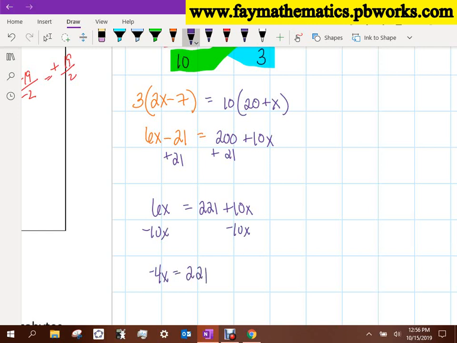So now, what am I going to do now? Well, let's think about this. If I take 4 and start multiplying it by 0, 1, 2, 3, 4, 5, 6, 7, 8, 9, 10, can I multiply 4 by anything and get a 1 in the units place of that product? No, you can't.